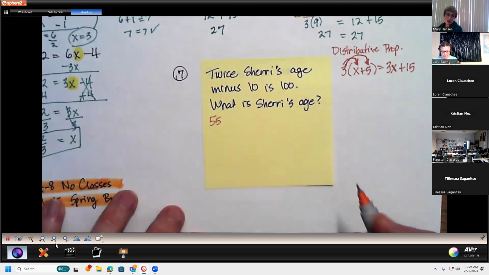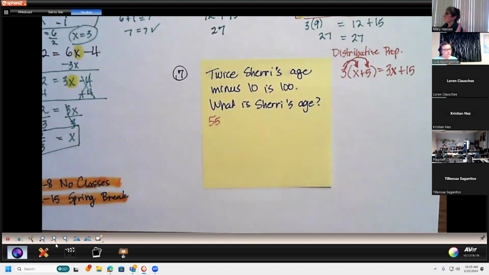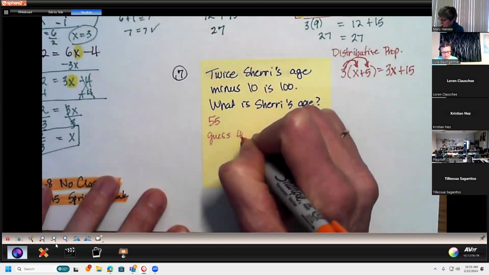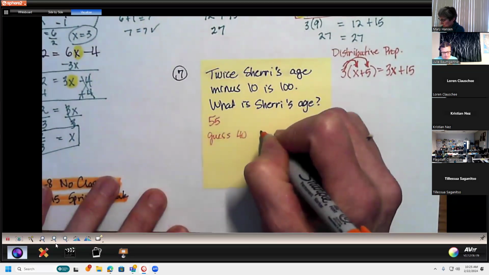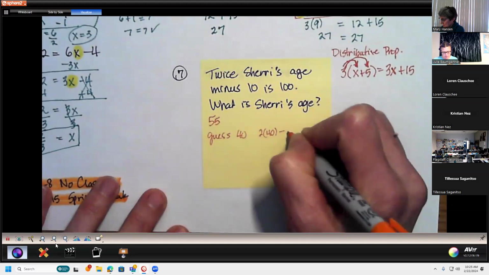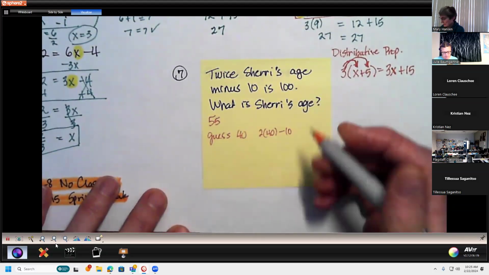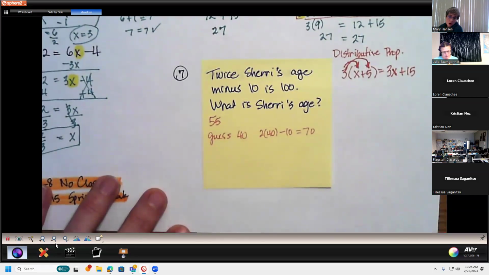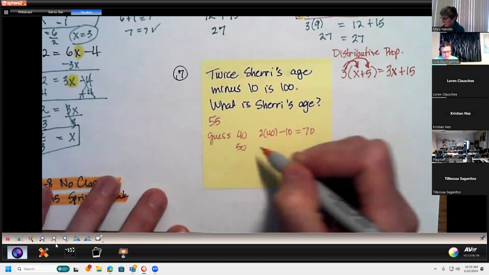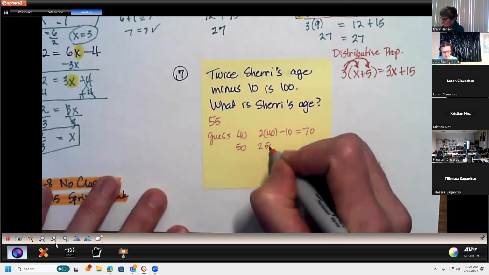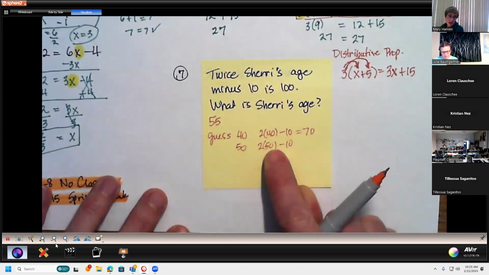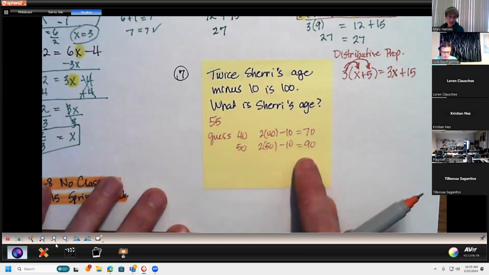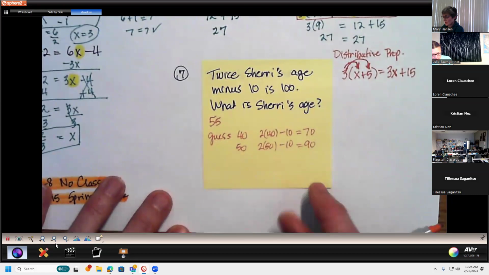Let's say you started with, I'm just going to guess 40. Twice 40 is 80, and 80 minus 10 is 70, not 100. That's too small. So maybe you guess 50. And 2 times 50 is 100, minus 10 is 90. We're getting closer, but we haven't hit 100 yet.